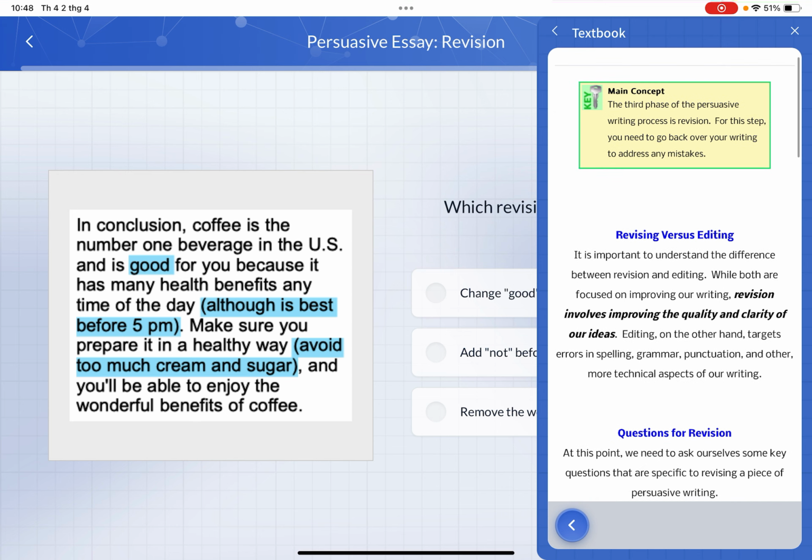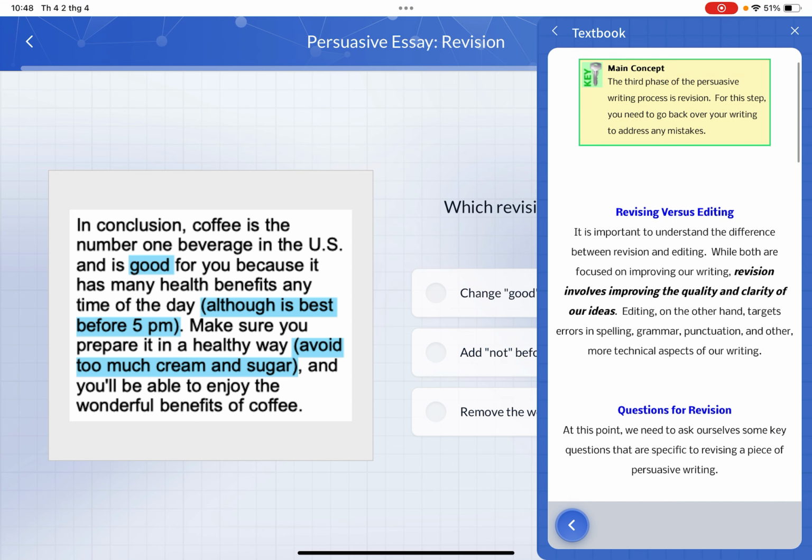So a lot of people can mistake revising with editing. I used to be that person. I thought it was the same, but it's actually different. Revision is improving the quality and the clarity of our ideas.